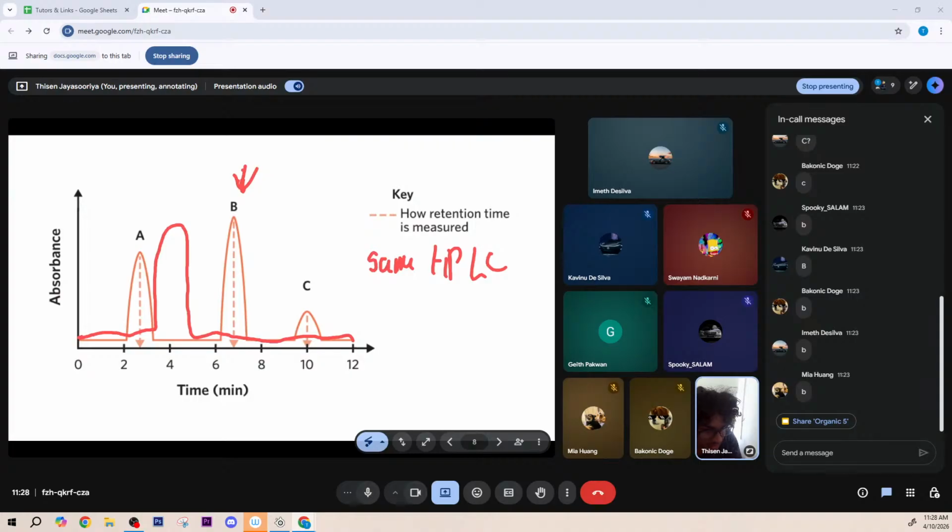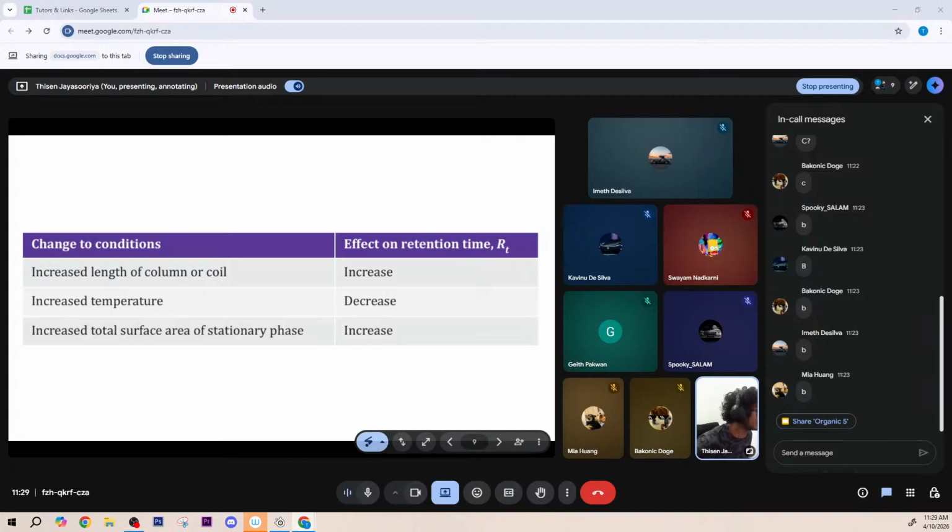So the other thing is that we require it to be at the same conditions. These are some of the things that can affect the retention time. Here, we usually talk about this in terms of high performance liquid chromatography. Essentially it's just that big tube and we're running the thing through that big tube.